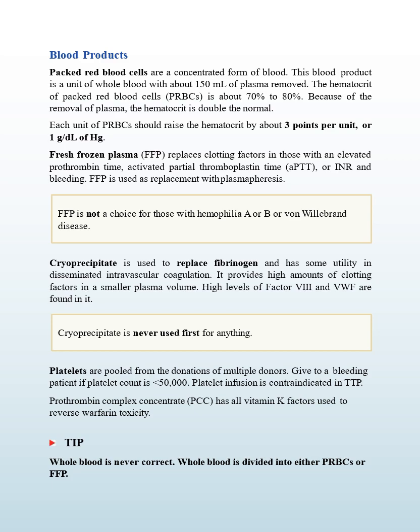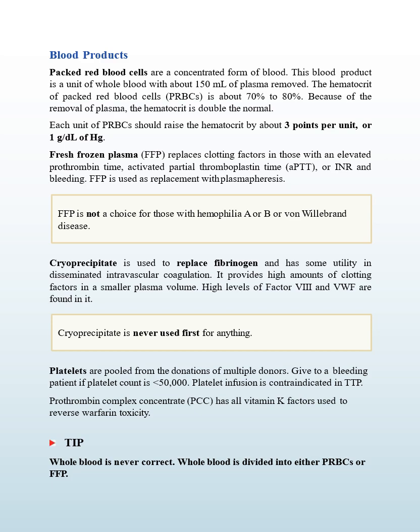This blood product is a unit of whole blood with about 150 cc of plasma removed. The hematocrit of the packed red blood cells is about 70 to 80%. Because of the removal of plasma, the hematocrit is double the norm.